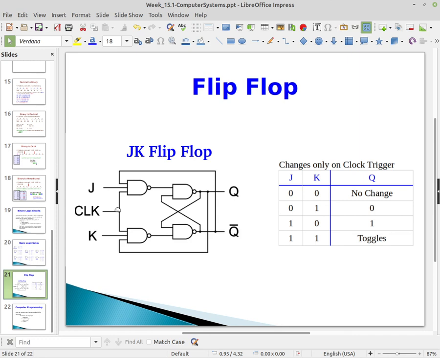If you think about parts coming down the line and you want to count them, this is going to send out a toggle. So it's going to go from 0 1 0 1 0 1, toggling back and forth, which is basically going to be counting. Of course we would have to put multiple ones together, which of course inside the computer we do have that, and we can advance that counter.